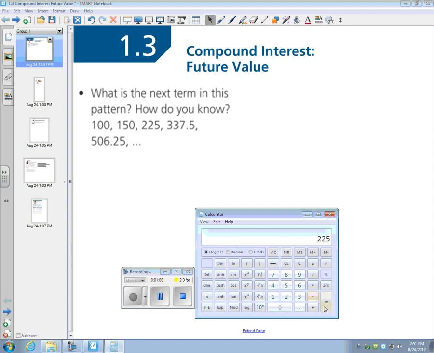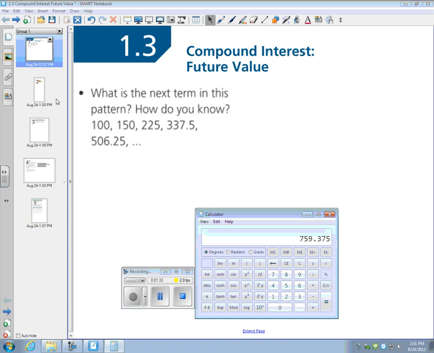And let's do it again, times by 1.5. Do I get 337.5? I do. And if I do it again, do I get this last one? I do. Okay. So the next term has to be 759.375. I know this because the pattern is multiplying by 1.5.